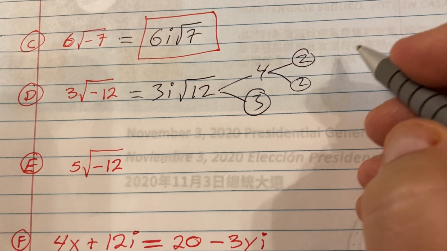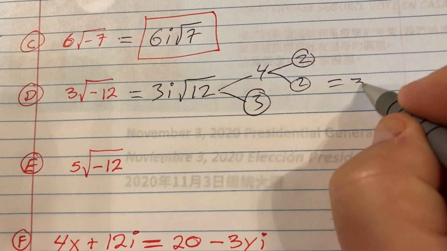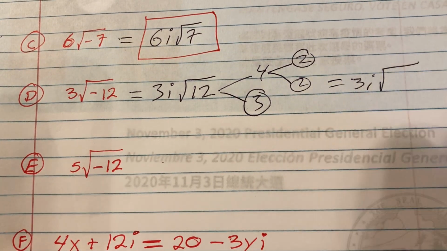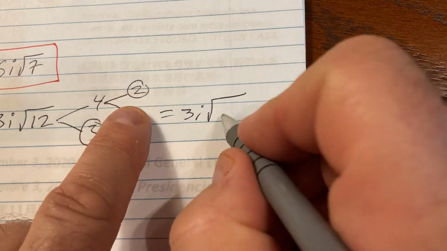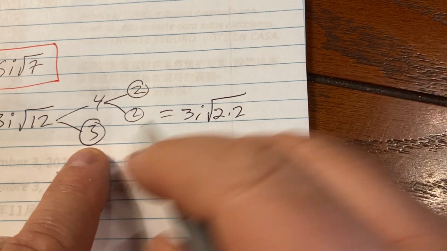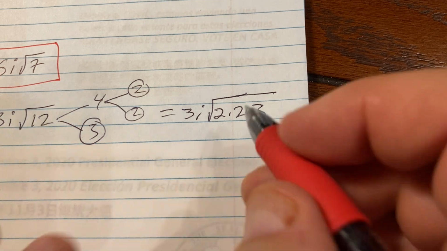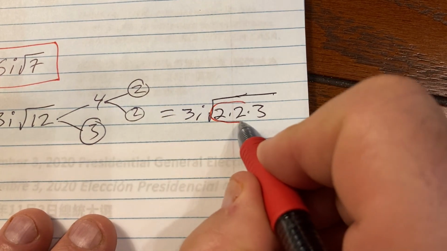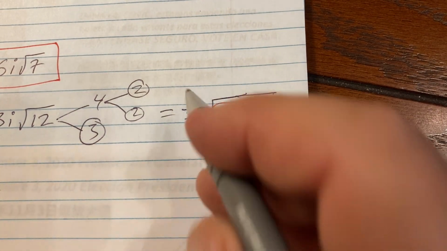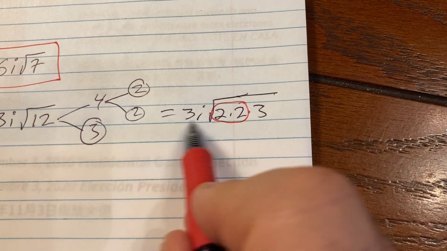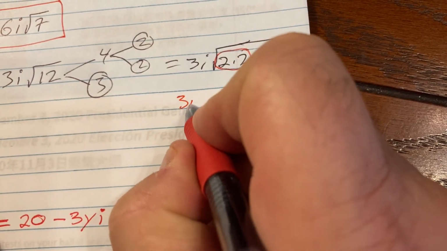Those are prime. So now we have 3i times the square root. We have a 2, we have a 2, and we have a 3. So there's an identical pair. So we have the 3 and the i still outside.